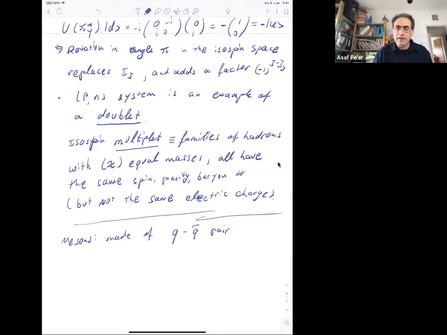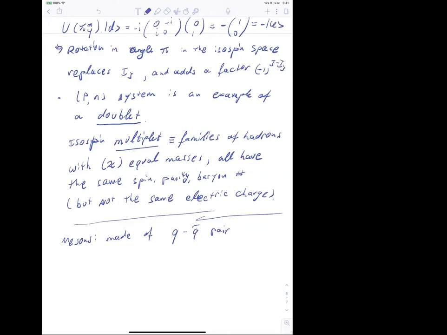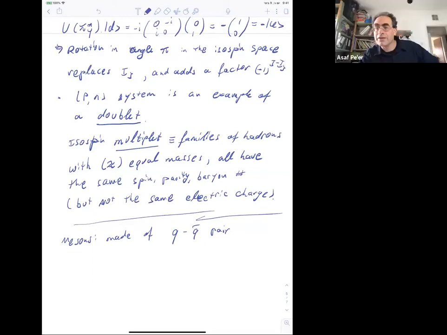This is going to be done using the Clebsch-Gordan coefficients. How many of you have learned the Clebsch-Gordan coefficients? They come in the addition of angular momentum.